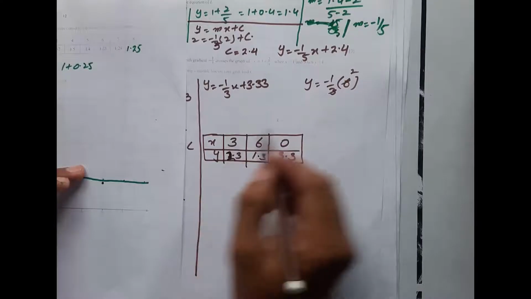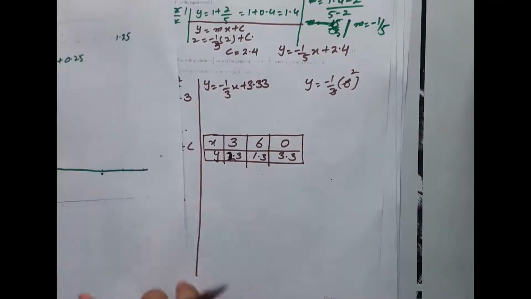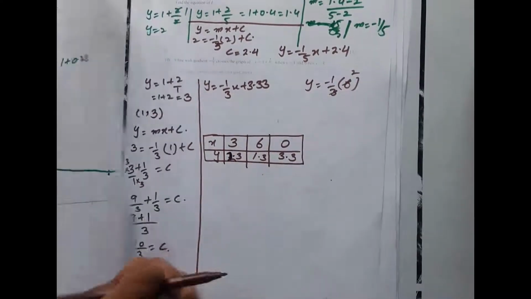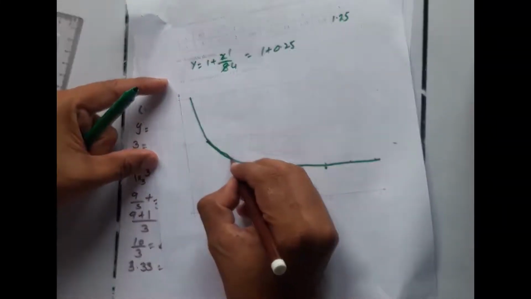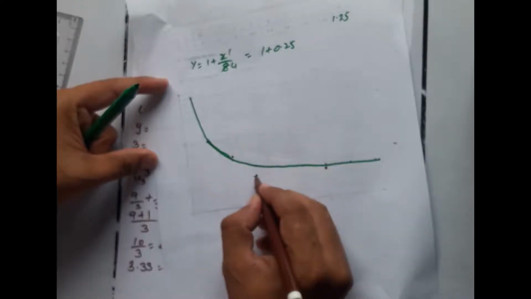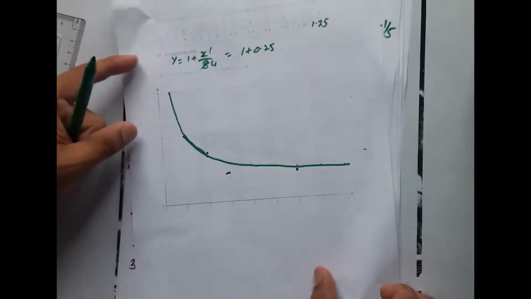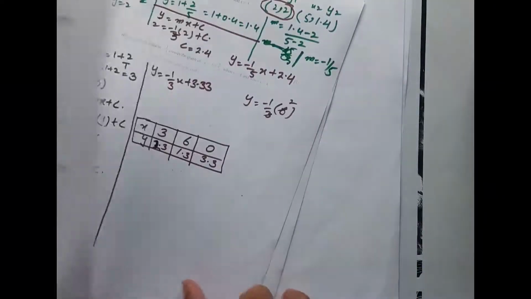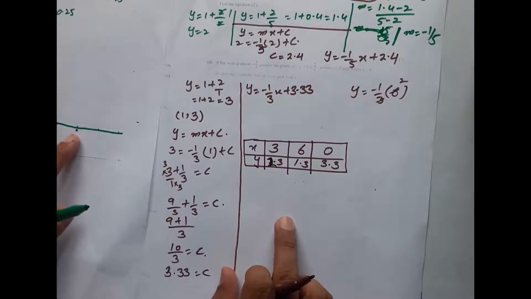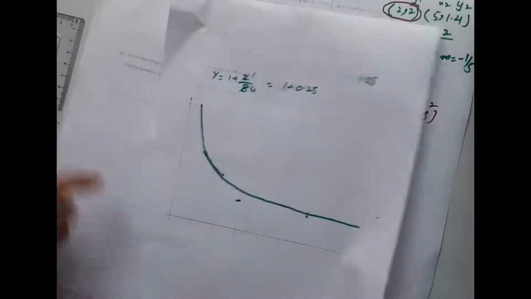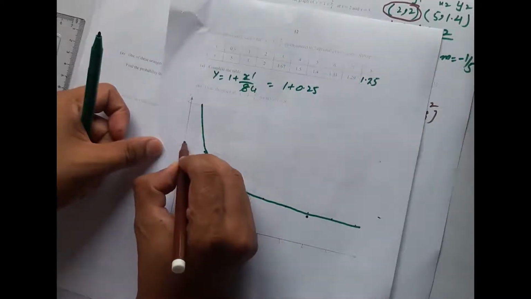When we put 6 we get 1.3, clear. So the first point is 3, 2.3, which is approximately here. Then when we put 0, it is equal to 3.3, which is approximately here.